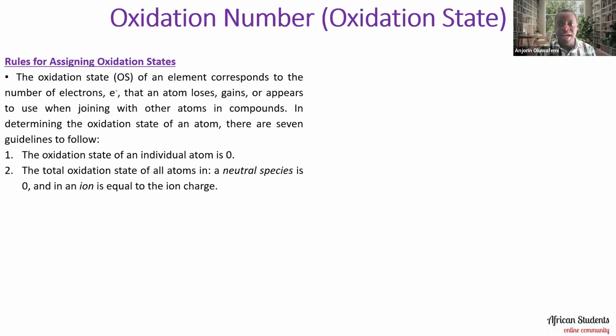Sodium and chlorine are the atoms that come together to form sodium chloride. The total oxidation state of all the atoms is equal to zero. Why is it zero? Sodium chloride is a neutral species.